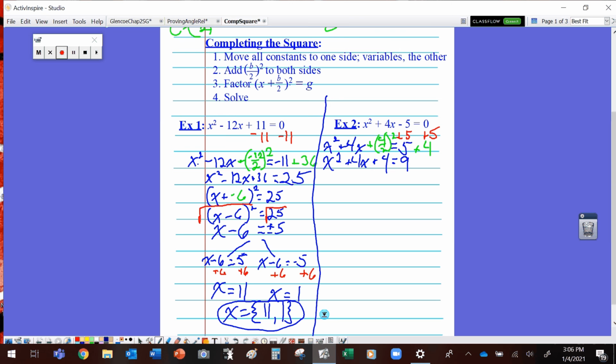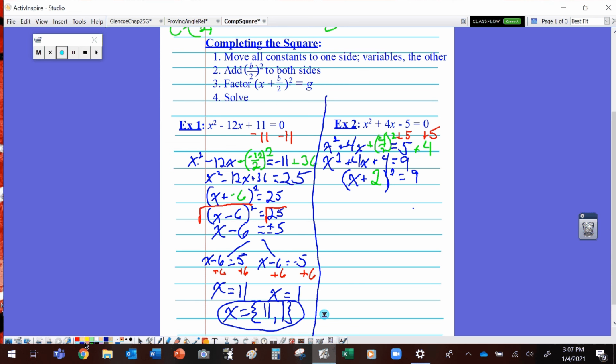equals 9. Now this, we want to factor this, and it will always factor the exact same way. X plus whatever was in those parentheses before we squared it, quantity squared, equals still 9. Now, what was in those parentheses before we squared it? Well, 4 divided by 2 is 2.